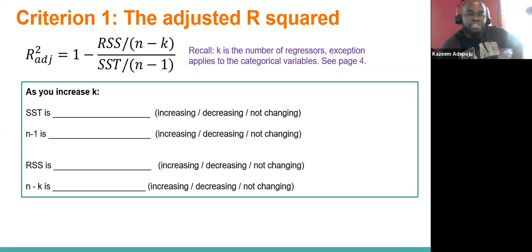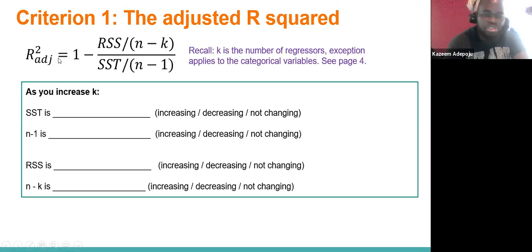This is the formula right here. You just need to recompute this formula. I can ask you to recompute it. And when you run a linear regression using software, whether R, Python, or whatever, you're going to have adjusted R squared computed as part of the output.